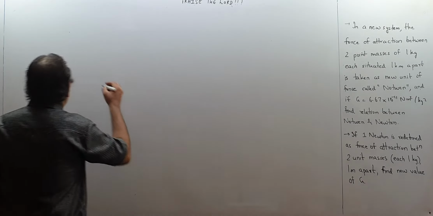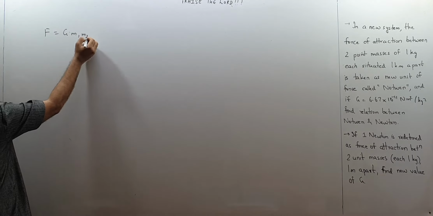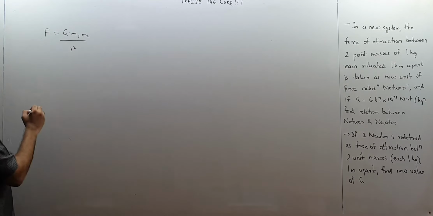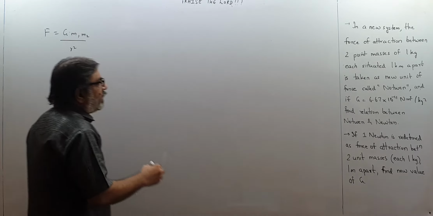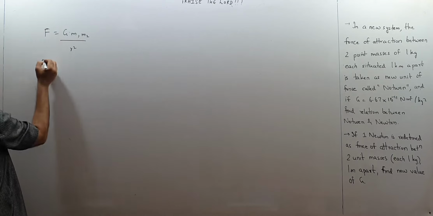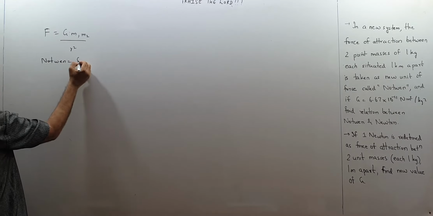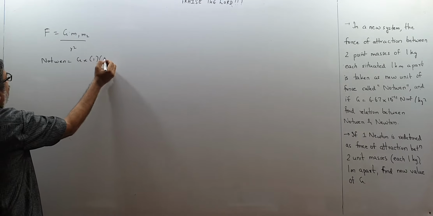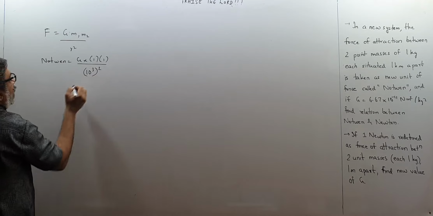So children, we know that F is equal to G m1 m2 upon r square, this formula we know from class 9 from gravitation. So it is told to me that the new Newton becomes equal to G into mass 1 kg and 1 kg, upon 1 kilometer, meaning 10 cube whole square.